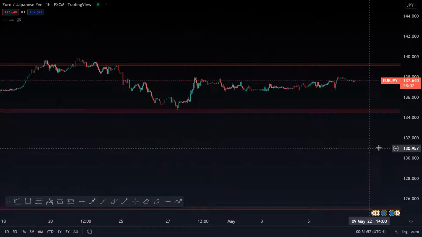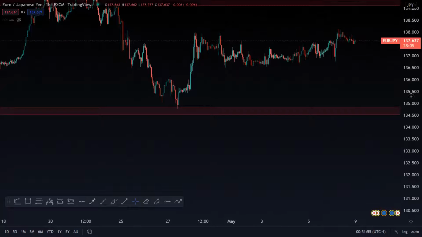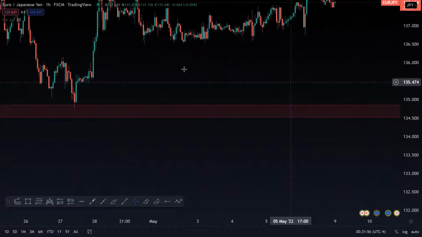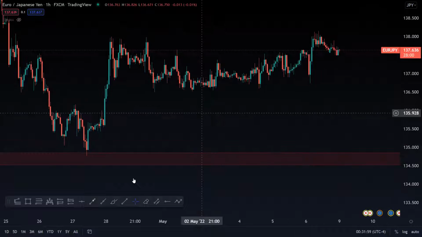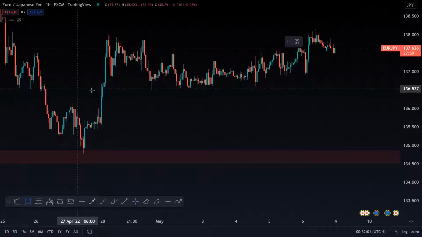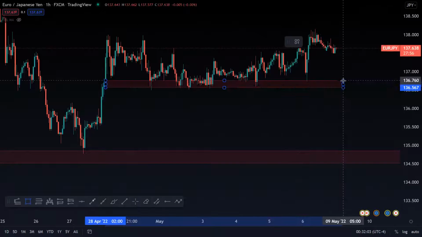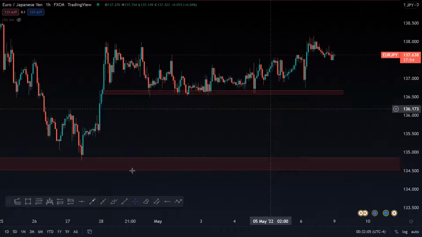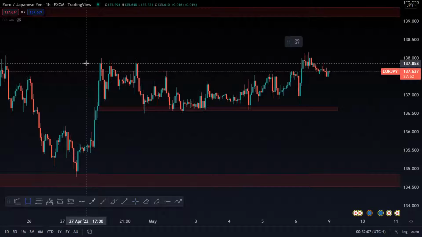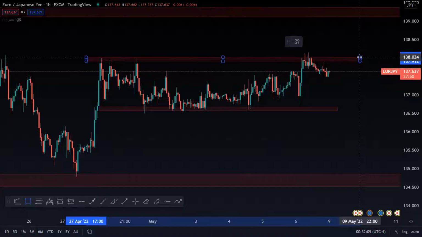Okay, so in the 1 hour time frame, what I can draw again is my minor support and resistance. Here is another support area, and here is another resistance.